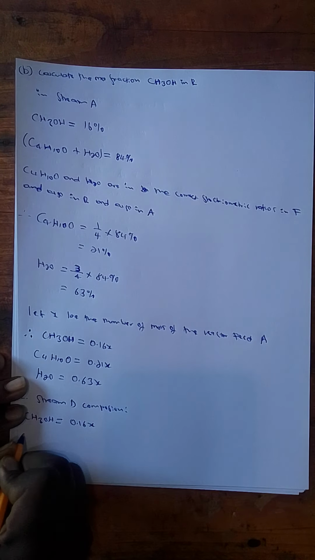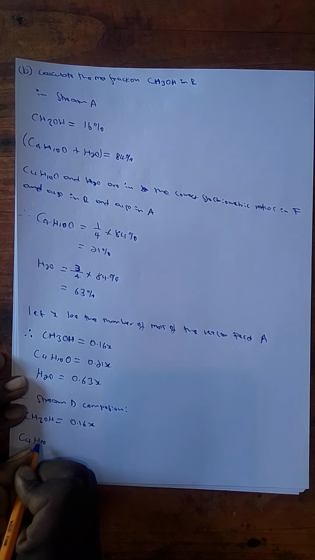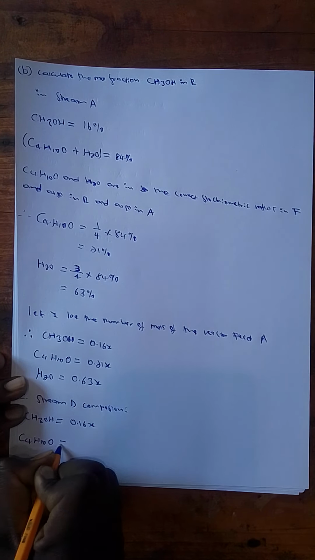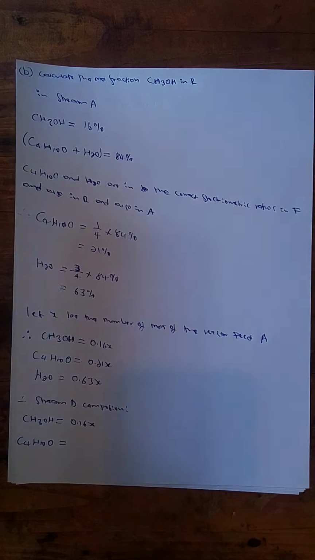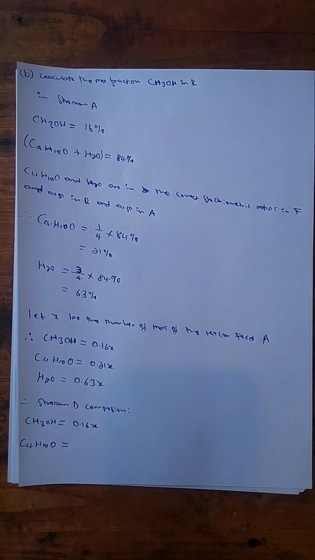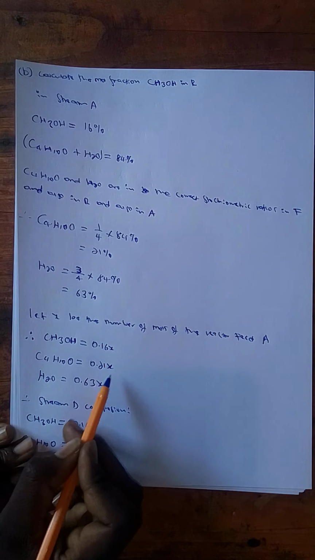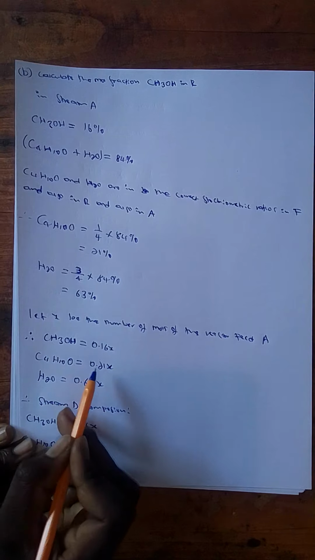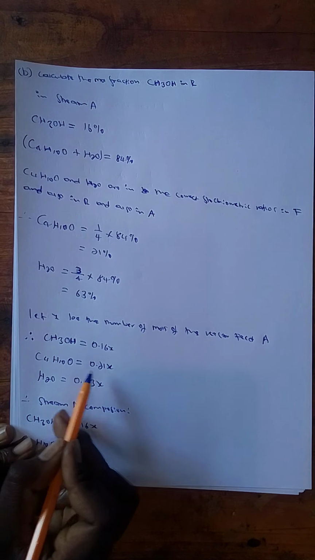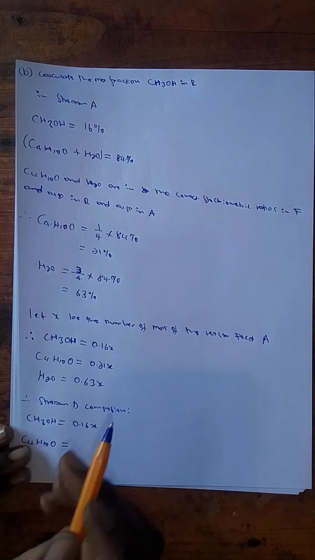Now I go to the butanol, C4H10O, is equal to, remember I'm being told that the conversion in the reactor is 10%. So that means that out of the total of 0.21x, which is the amount of moles of butanol, 10% of it is going to react and 90% of it is going to be left.